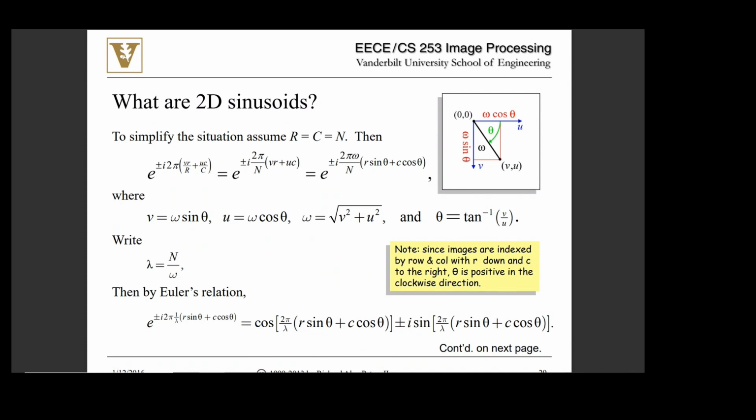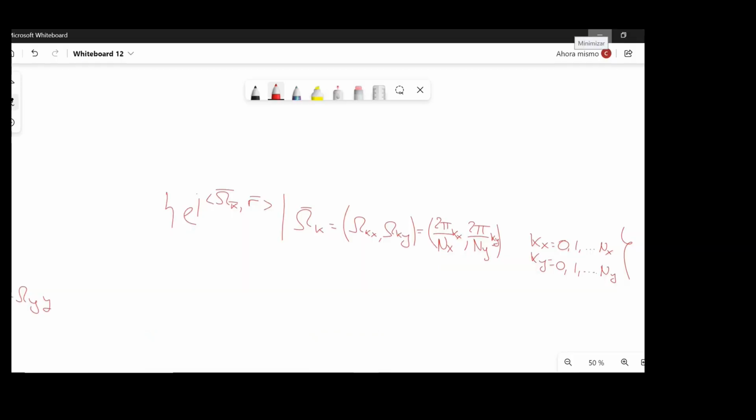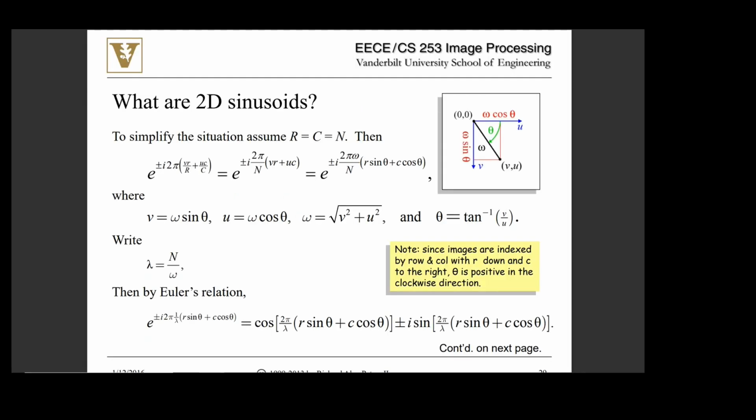These r and c, small r and c, are the x, y's of my population. So given a frequency u and v, these are the indexes. Okay, so these are indexes. These are these kx, ky. I think it is more clear here. Kx, ky, the indexes.